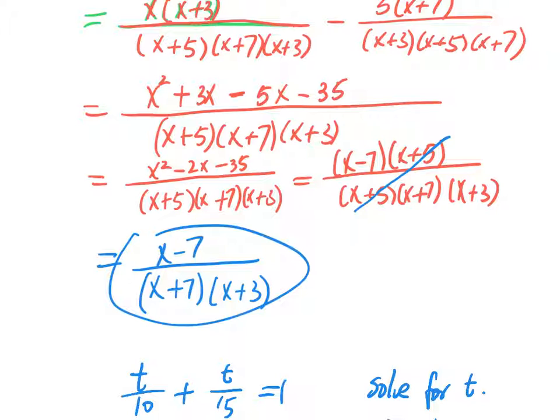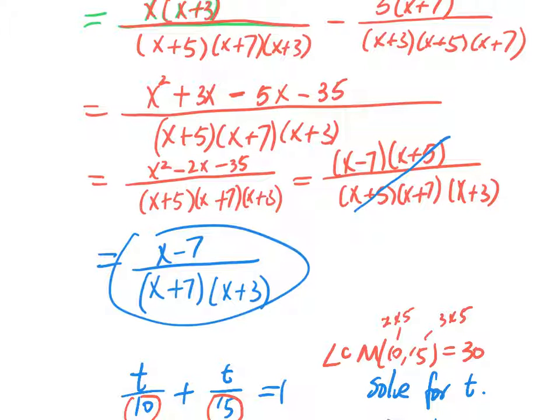So for this problem, we have two denominators, 10 and 15. So the LCM of 10 and 15 is 30, right? Because 10 is 2 times 5, and 15 is 3 times 5.